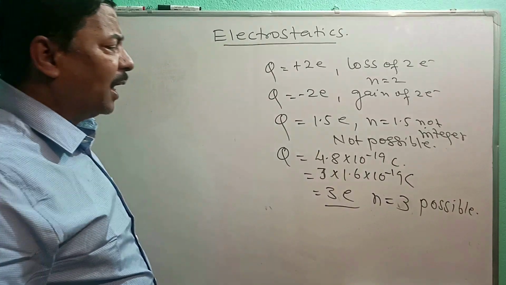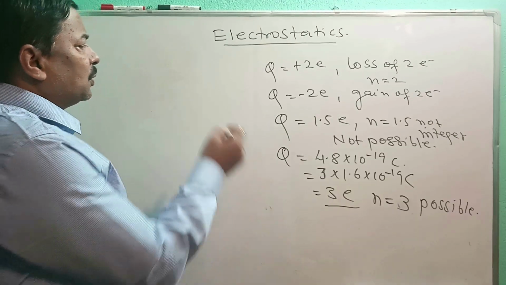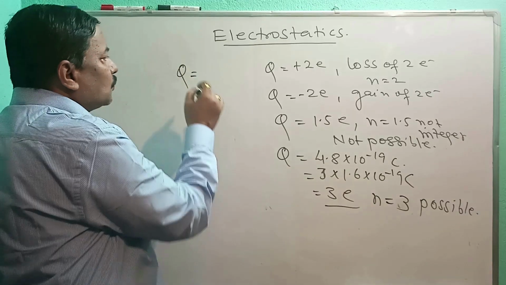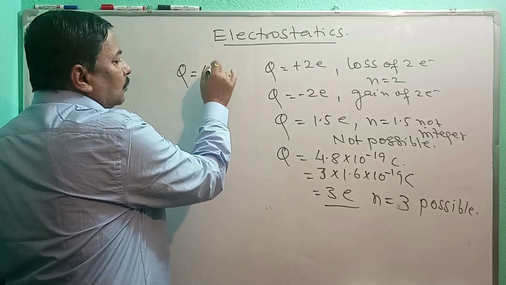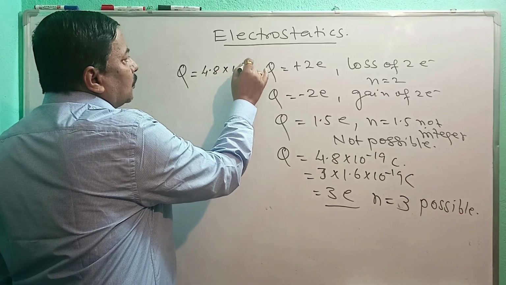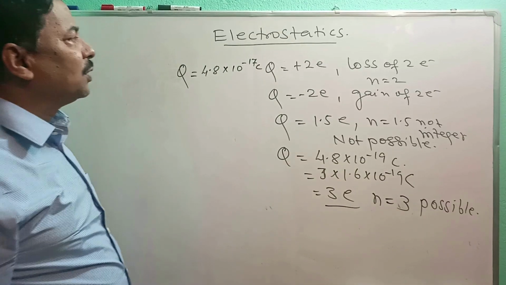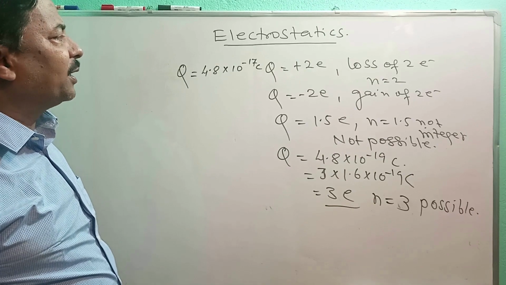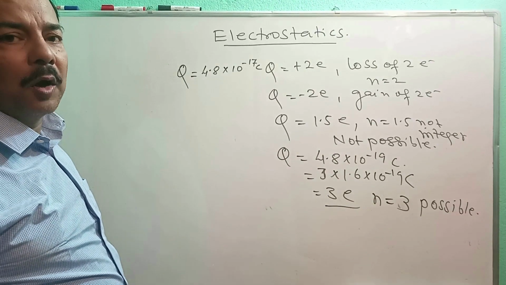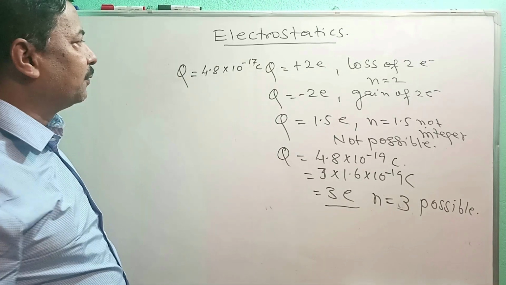If I take another example, suppose Q is equal to 4.8 into 10 to the power minus 17 coulomb. Whether this charge is possible or not. Think and then try to give the answer.